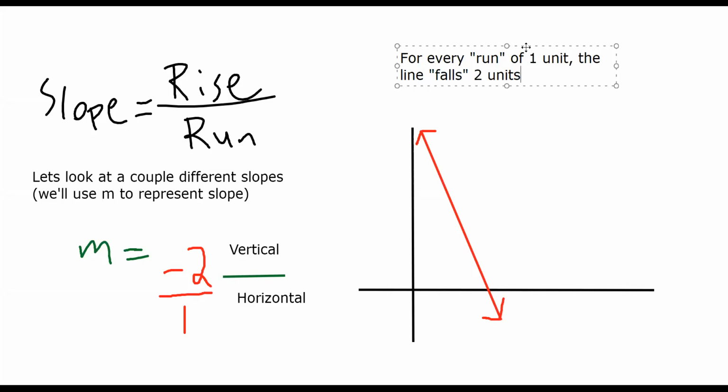In other words, it does something like this. Every 1 unit you go to the right, now it falls, it goes down 2 units. Yes?